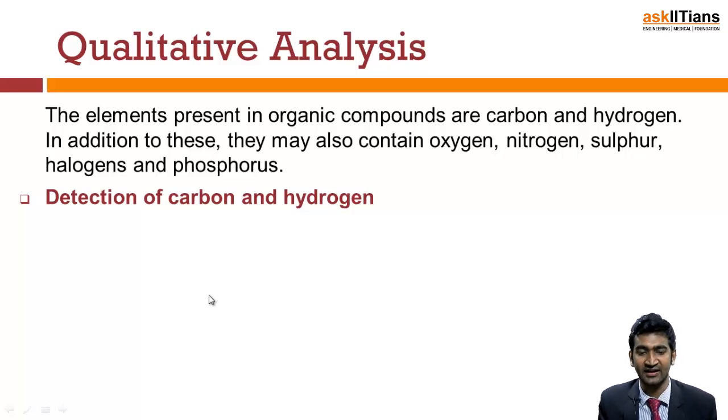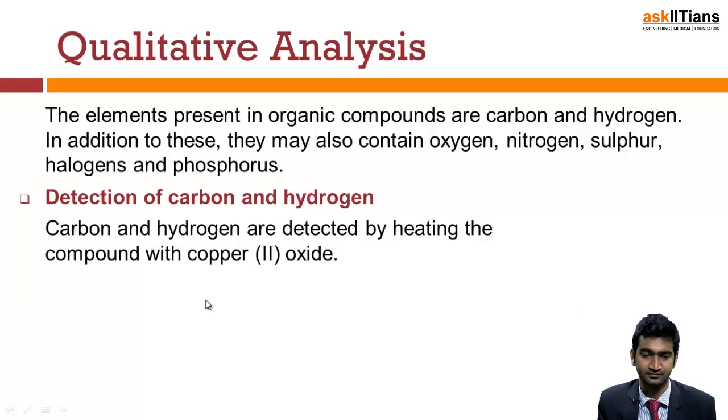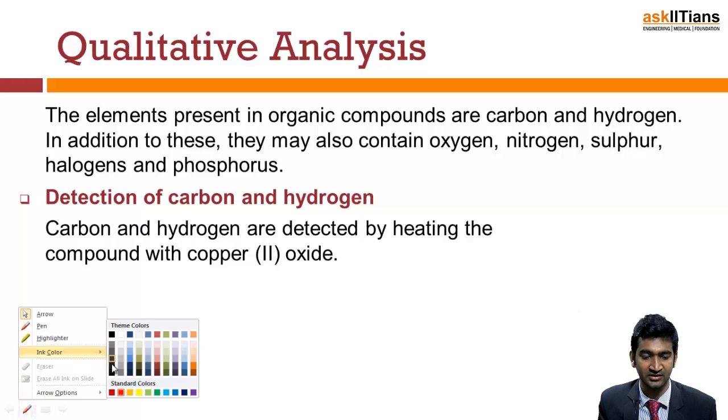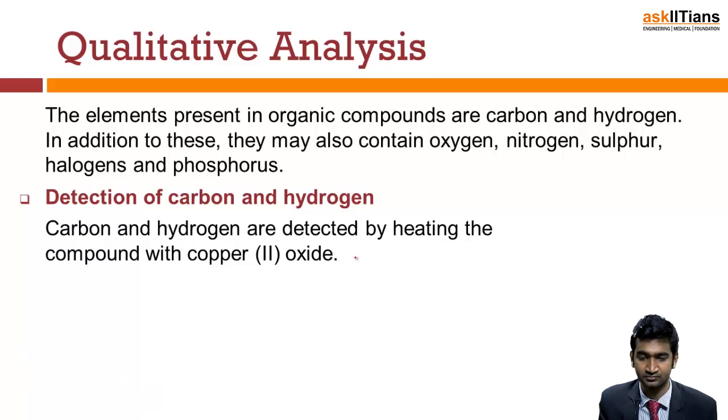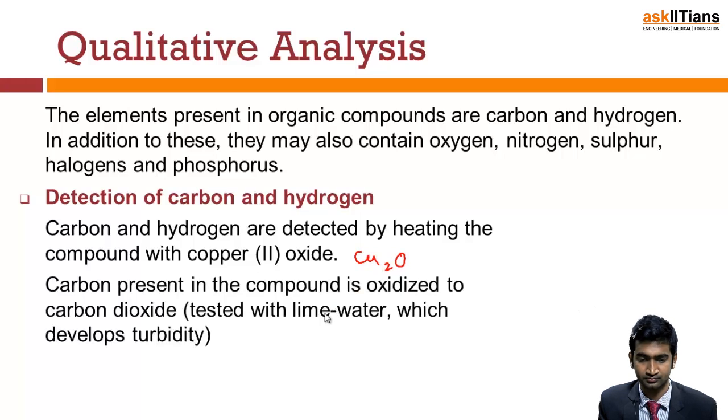First of all, detection of carbon and hydrogen. Carbon and hydrogen are detected by heating the compound with copper(II) oxide. The carbon present in the compound is oxidized to carbon dioxide.